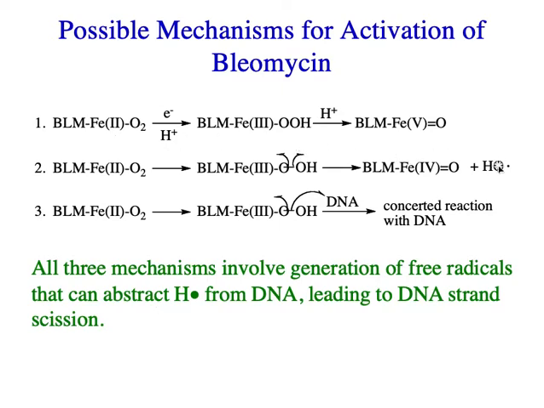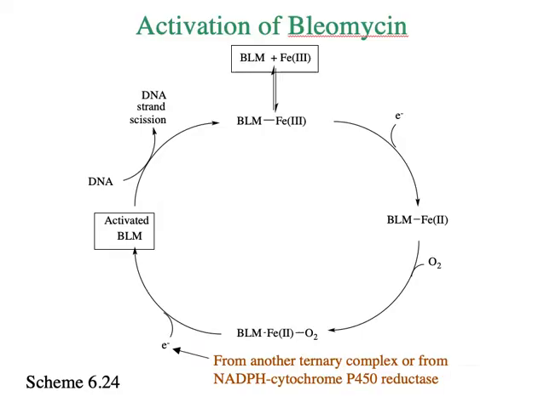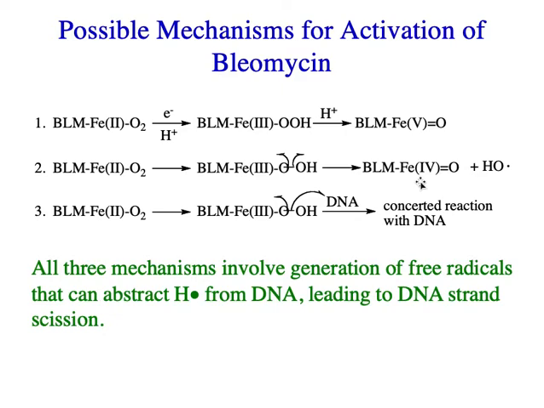In this case, they have it going all the way to iron 4, which is a little different than what they have there. It's pretty hard to isolate some of these intermediates, so some of this is kind of speculative, but the upshot remains that bleomycin certainly does cause double-strand breakage in DNA.